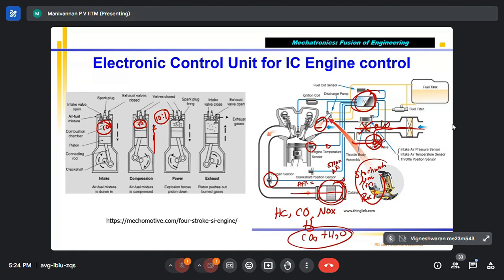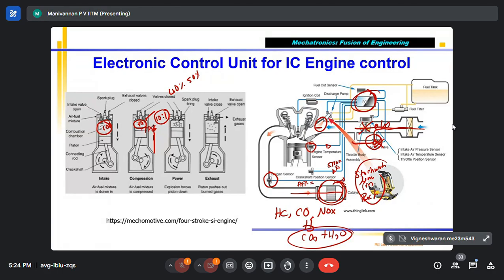Now before the end of compression, you have to give a spark, which is called spark advance. Correct? I already told you, you get peak pressure inside the combustion chamber at the end of the compression stroke only if around 40 to 50% of the air-fuel mixture is burned before the piston reaches TDC during the compression stroke.